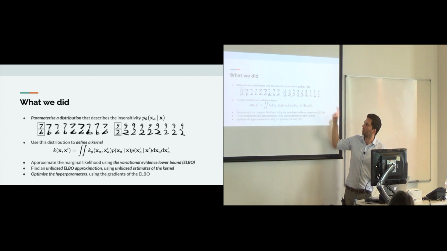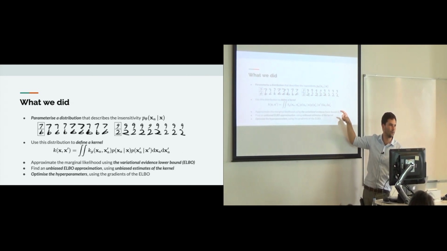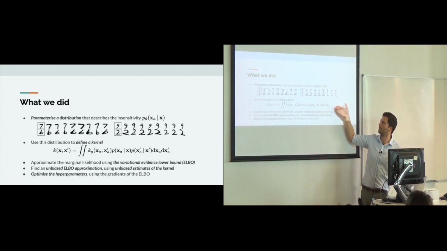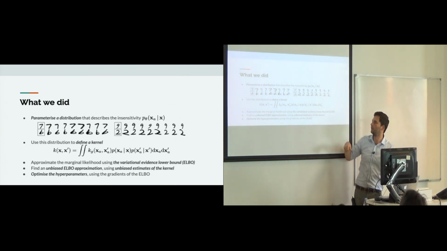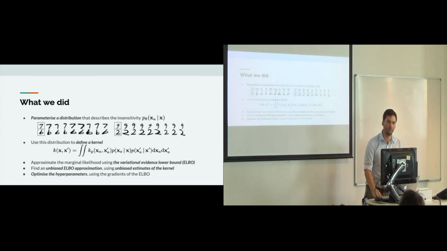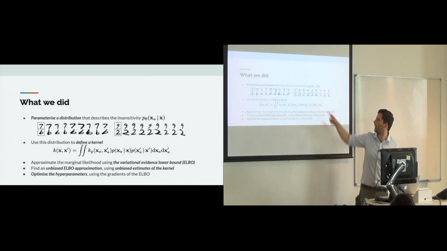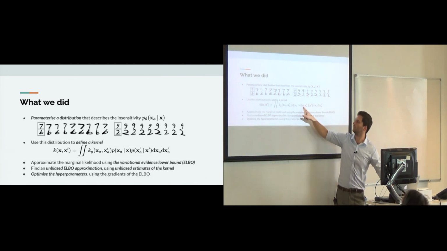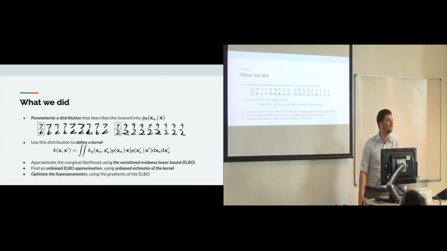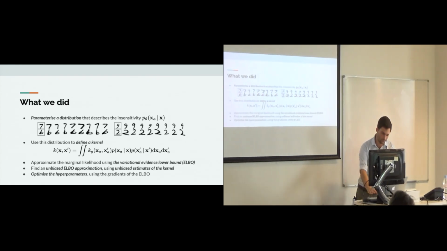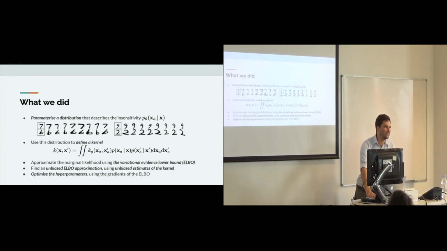But then, in order to get around the problem of not being able to compute the kernel, we found a way to use unbiased estimates of the kernel in order to still get an unbiased estimate of the marginal likelihood lower bound. And then using this unbiased estimate of the lower bound and its gradients, we could optimize the parameters of this distribution, which determined the insensitivities that we want to use for classification. Any questions?